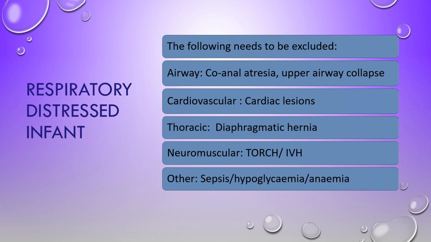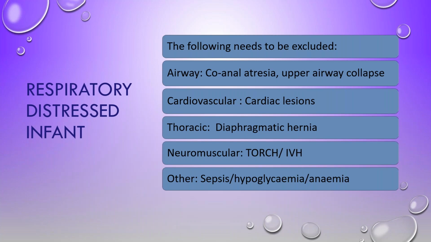Is there a thoracic problem, such as a diaphragmatic hernia? Are there neuromuscular problems, or TORCH infections: toxoplasmosis, others, rubella, CMV, and herpes infections in the pregnancy? Or is there a large intraventricular hemorrhage because the initial resuscitation was long or vigorous?